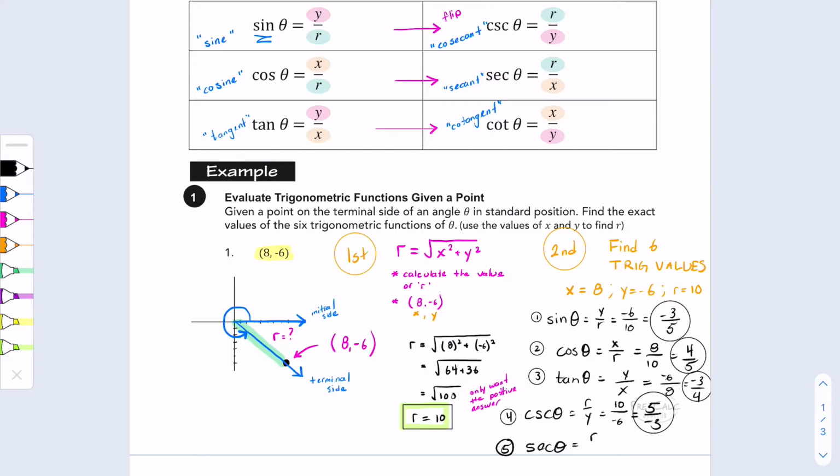Secant of theta is r over x, which is 10 over 8. 5 over 4 is the simplified answer. And the last one is cotangent. Cotangent of theta is x over y, and x is equal to 8, y is equal to negative 6. That simplifies to 4 over negative 3.